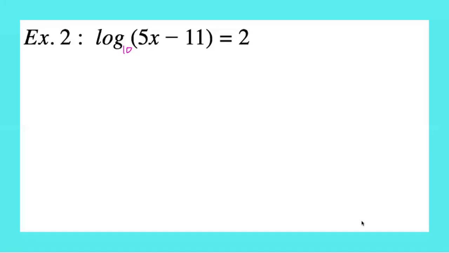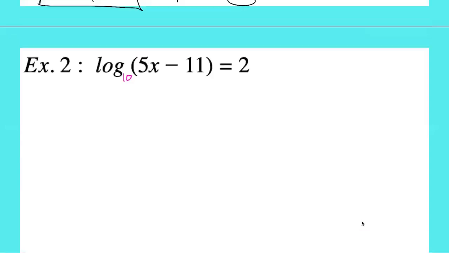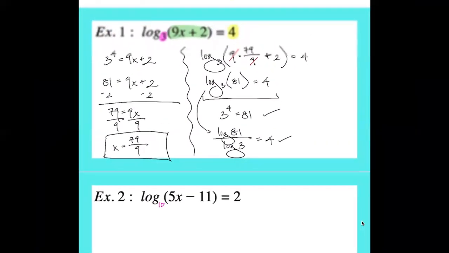Okay, but now that we wrote in the base, this is pretty much the same setup as example number 1, right? We've already got our log isolated. There's only one of them. So our goal now is to rewrite it in exponential form. We have our number here. We have our expression with x here.